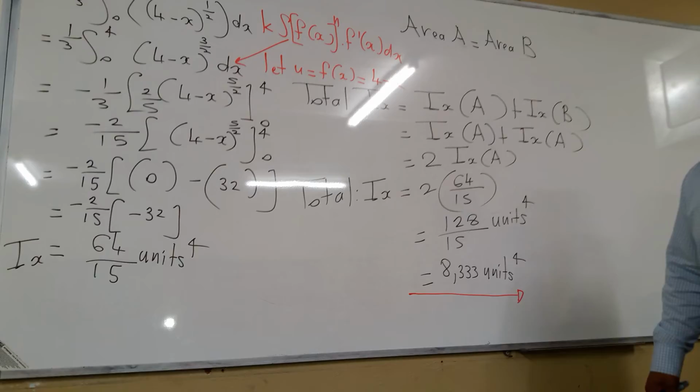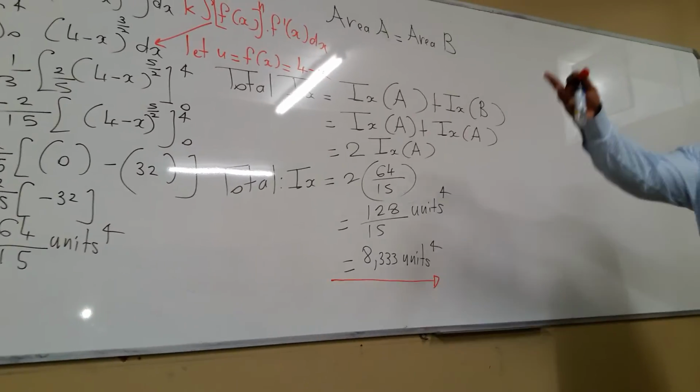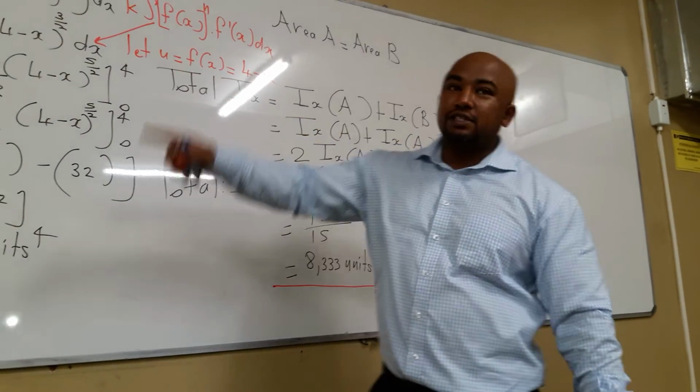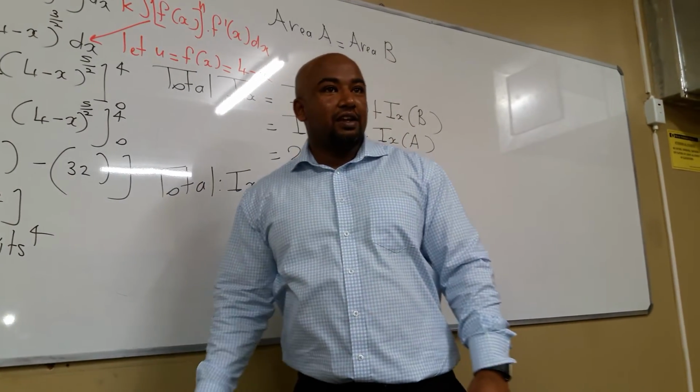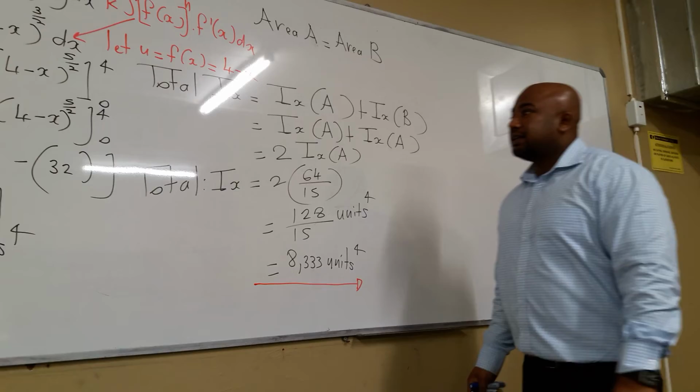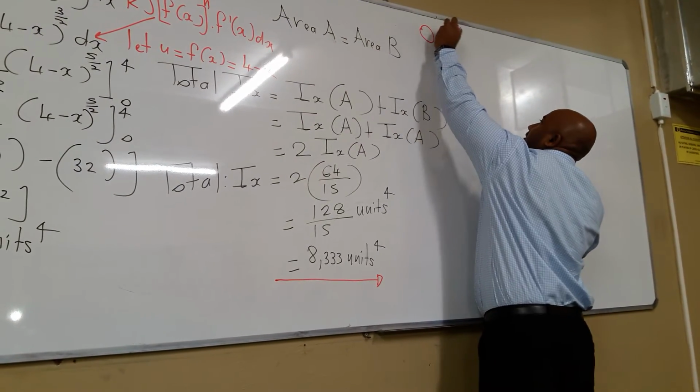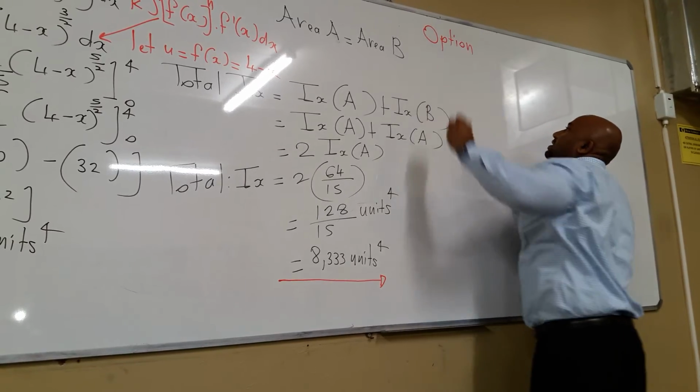Right, so that was understanding that when your graph is symmetrical about the x-axis, you have identical area. Now, what about using delta y?